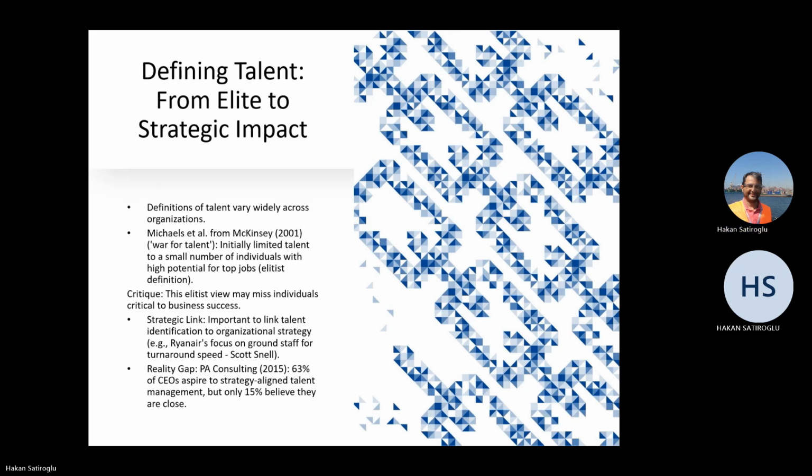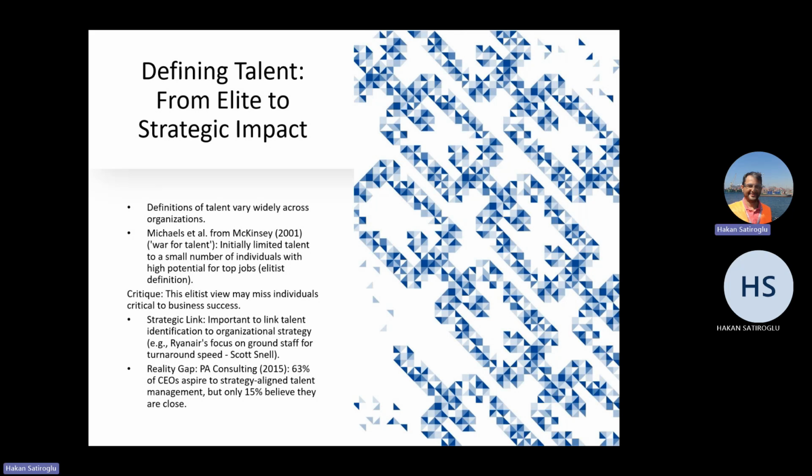Another one is strategic link. We need to make sure that organizational strategies, mission, vision and aims are always respected, and that talent development corresponds with those. Does it make sense? I mentioned that in the classroom in previous weeks as well. One example in our textbook is Ryanair's focus on ground staff for turnaround speed.